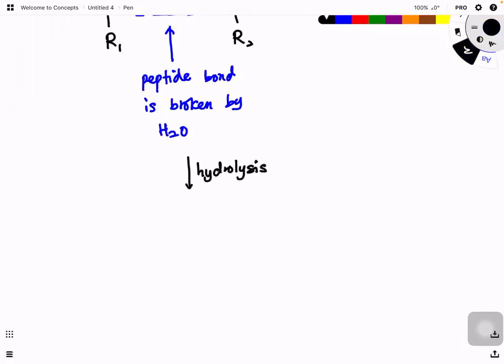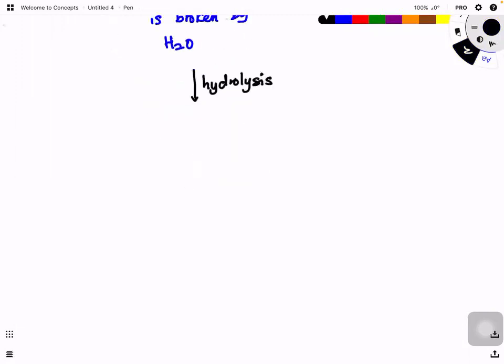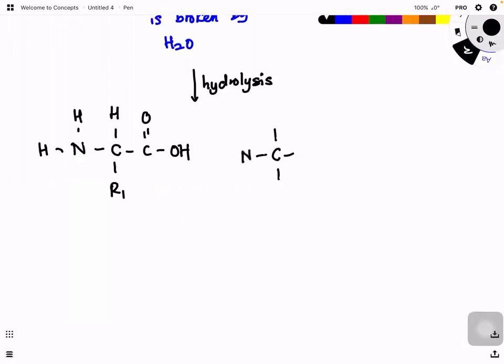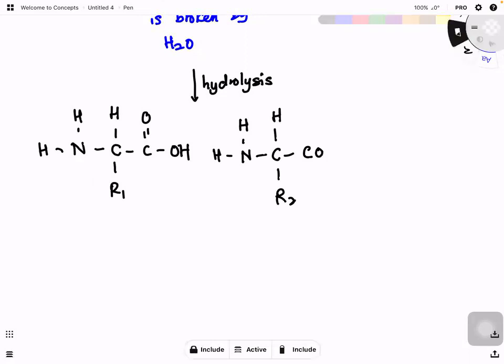Due to the hydrolysis process, we get two molecules of amino acids, and they are different amino acids. So H, R1, COOH, NH2, same NH2, R group number 2, COOH.